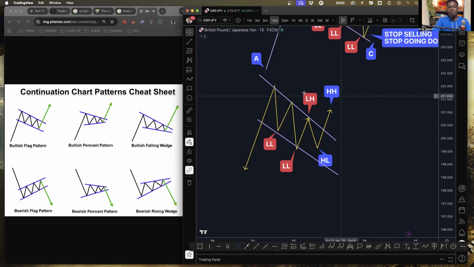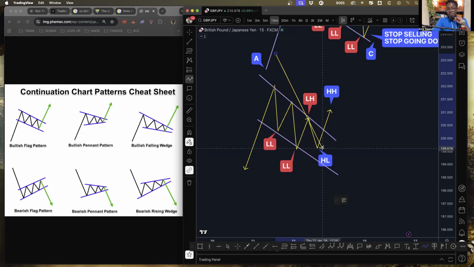All right. This is how we translate that to the chart. All of this time within the flag pattern, when price is creating these lower lows and lower highs, that's the car approaching us. When it created a higher low instead of a lower low, price turned on its indicator, right?